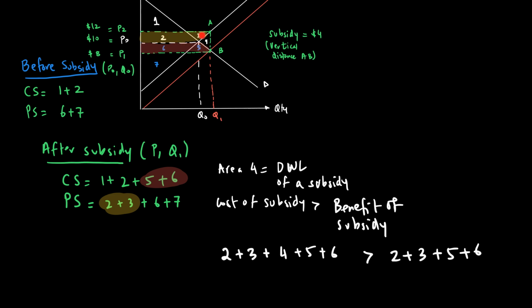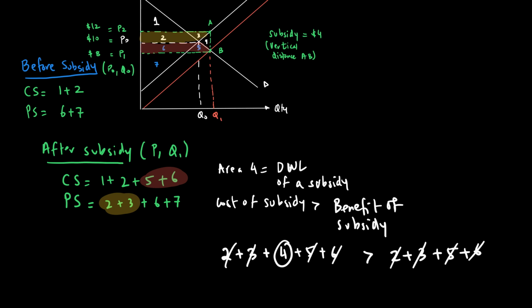The total cost is P2 minus P1 times Q1, which is P2 A B P1. If I cancel 2, 3 and 5, 6, I am left with area 4, which is not going to any party. Because the cost of the subsidy is more than the benefit, we say there is some deadweight loss.